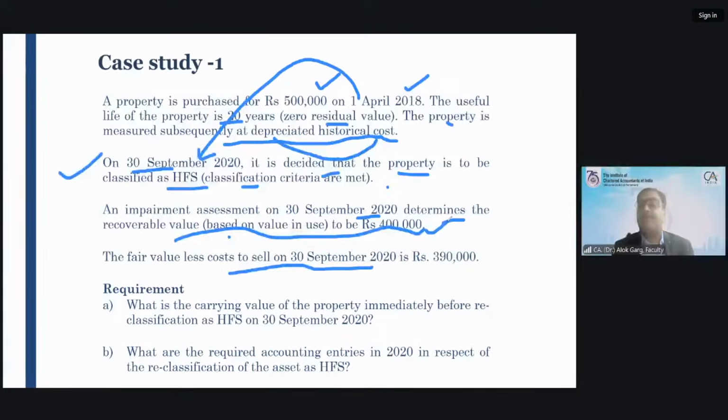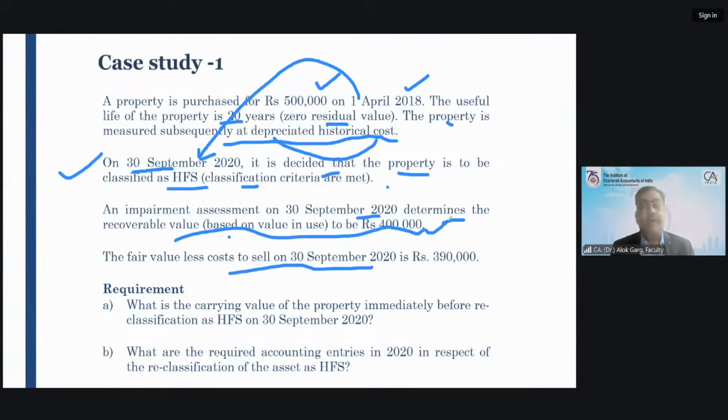And my dear friends, going by the principle of conservatism, it doesn't matter whether you are in cost model or revaluation model, whenever the value of the asset declines, you have to decrease the asset value.